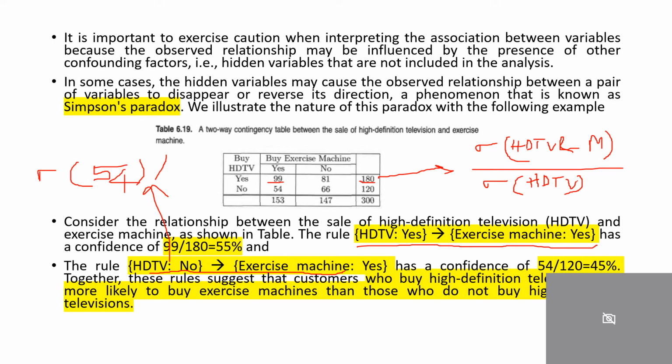Hence, we can clearly observe that the rule HDTV yes implies exercise machine yes is stronger than the rule HDTV no implies exercise machine yes.